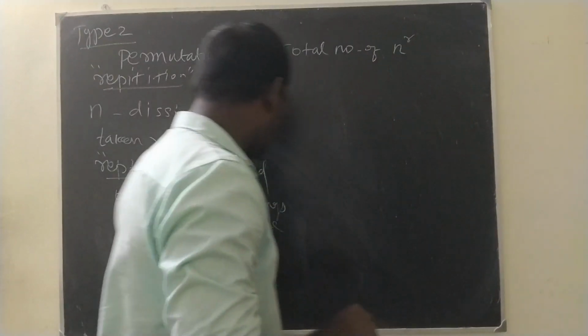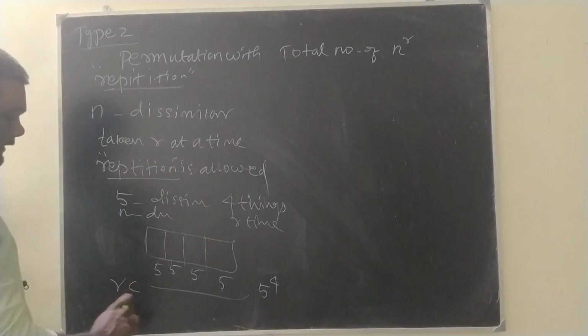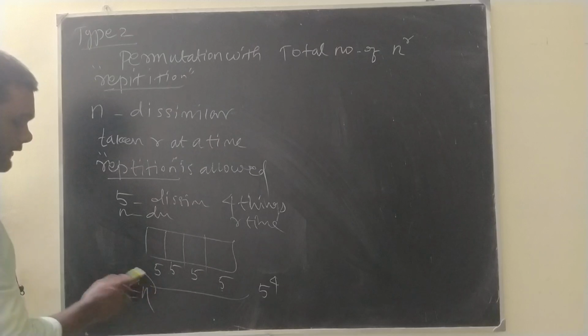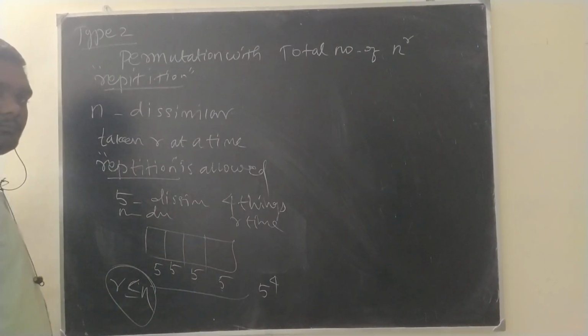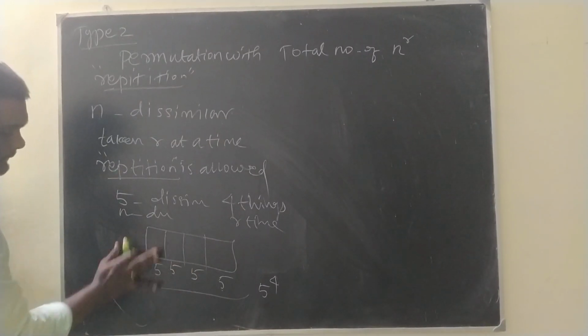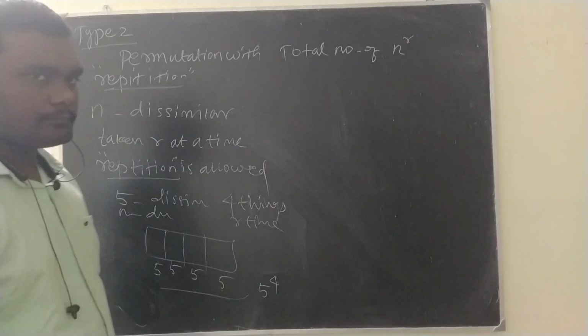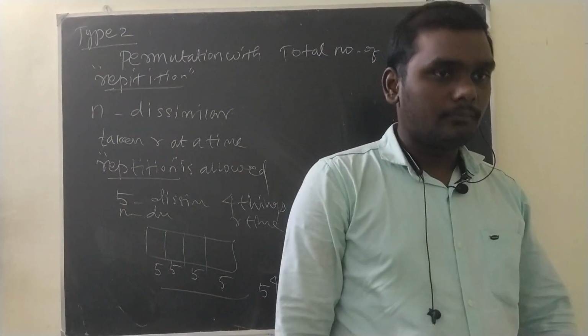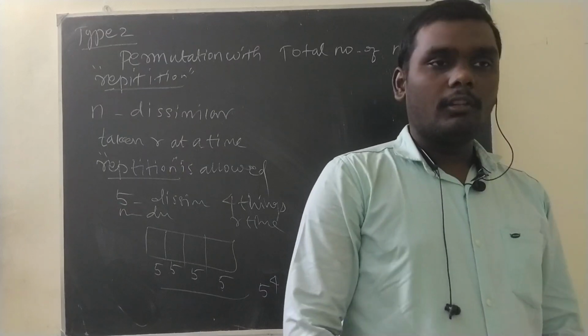Because previously we said that r should be less than or equal to n, but here this requirement doesn't apply. That's the difference between type 1 and type 2. Now shall we go to the questions?